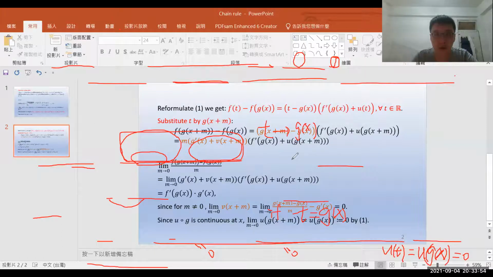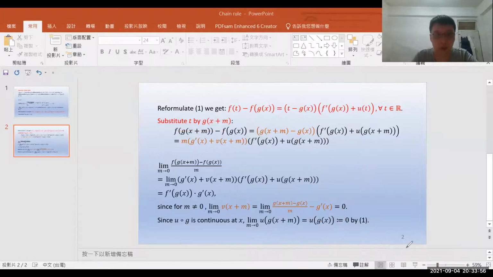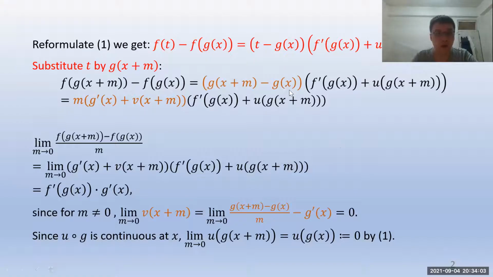So reformulate formula 1, we get f(t) equal to this relation. And this equation holds for all t in R. So substitute t by g(x) plus m, we get this relation.